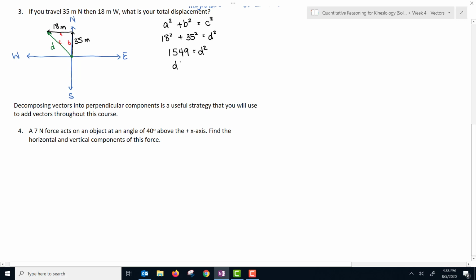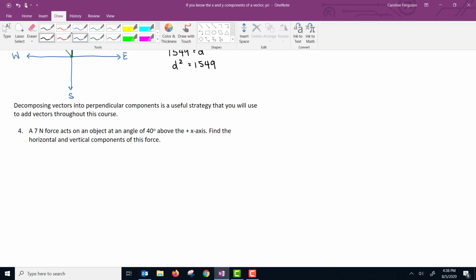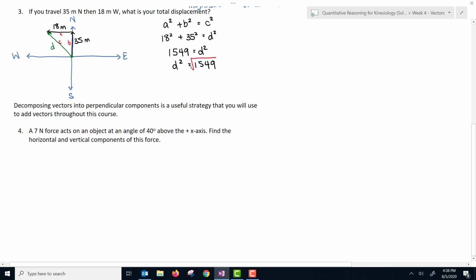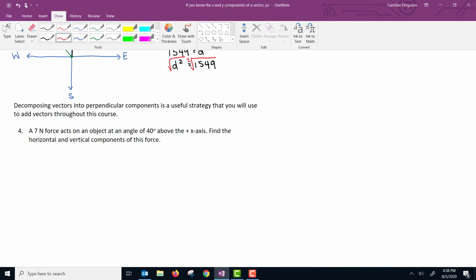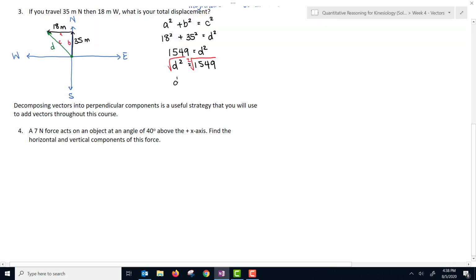I'm just going to rewrite it so my D is on the left side because it looks a little nicer. And then I'm going to square root both sides with a plus or minus. And I'm left with D is equal to, I'm just going to square root this answer here on my calculator. I get 39.35.